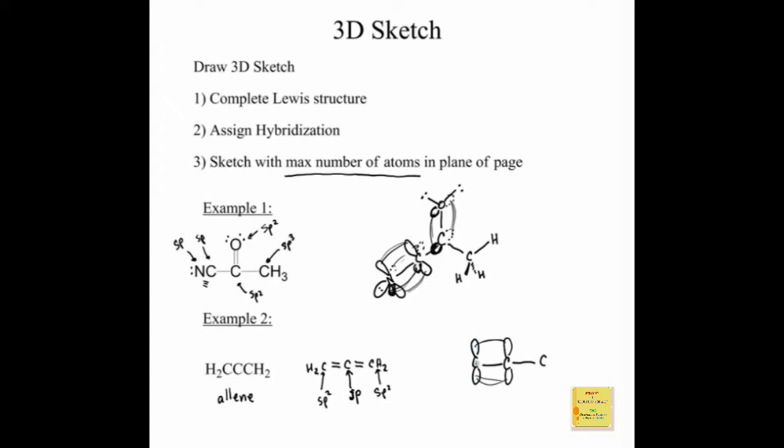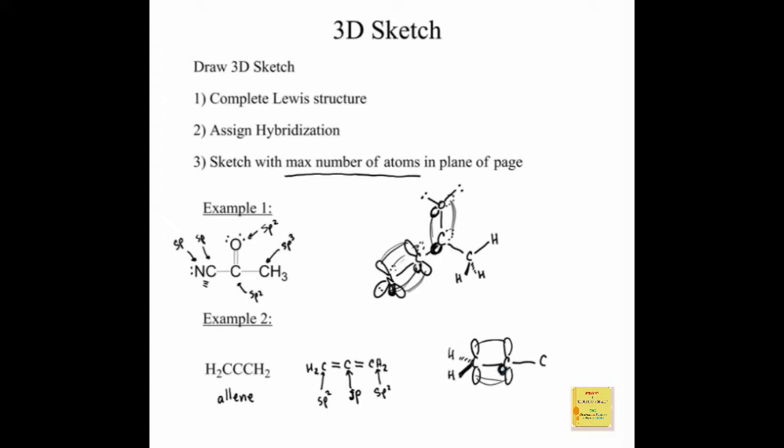If the pi bond is up here, what does that do to our two hydrogens? These two hydrogens can no longer be in the plane because they have to be perpendicular or orthogonal to that p orbital. So the hydrogens are out and back. How do we arrange this second pi bond? The second pi bond has to come from the other p orbital that is on this carbon.